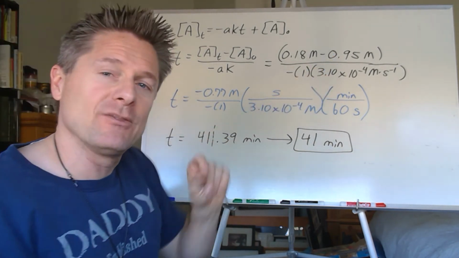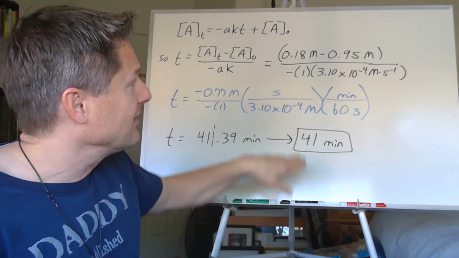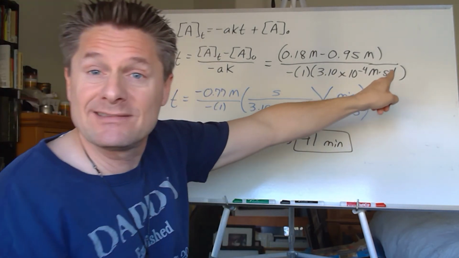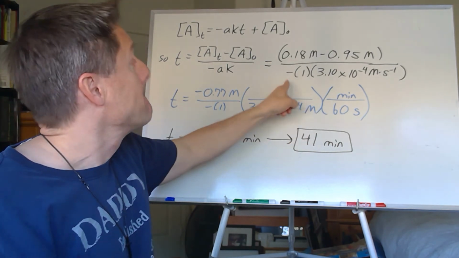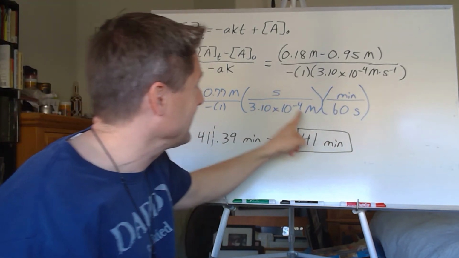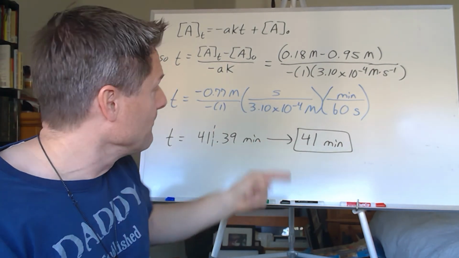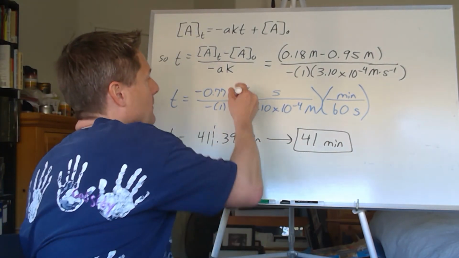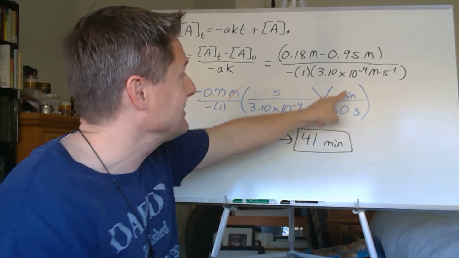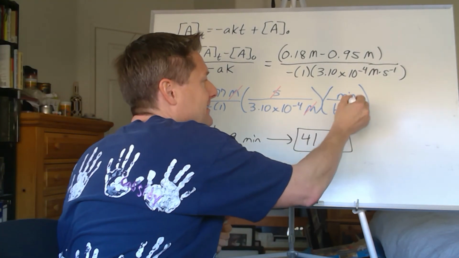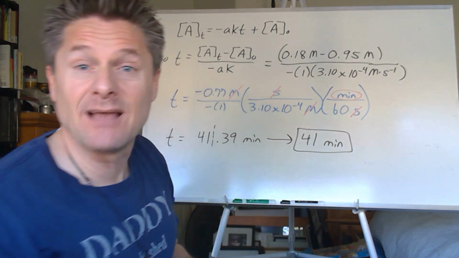Now, I'm rewriting the rate constant into a dimensional analysis, right? Because I want to see the units. So 3.10 times 10 to the minus 4 is molar per second. I just take that second to the minus 1 and flip it up into the numerator. And now I can see the molarity cancel. I asked for this in minutes, so there's 60 seconds per minute. I can see the seconds cancel out, and I get minutes up in the numerator.